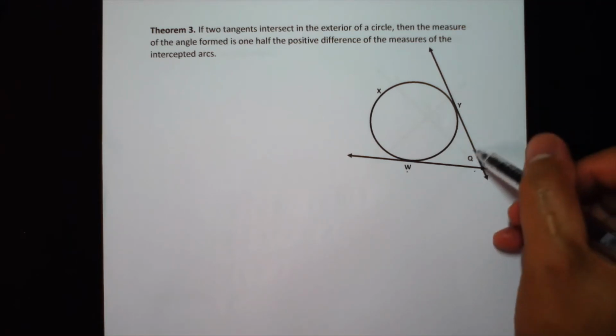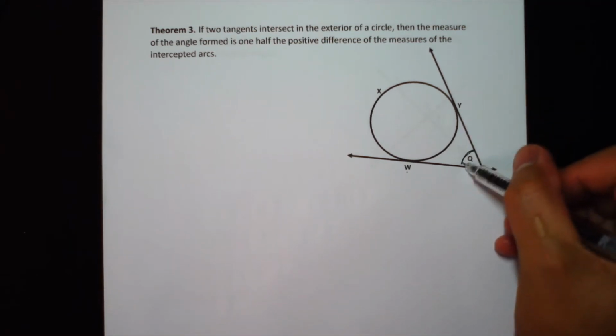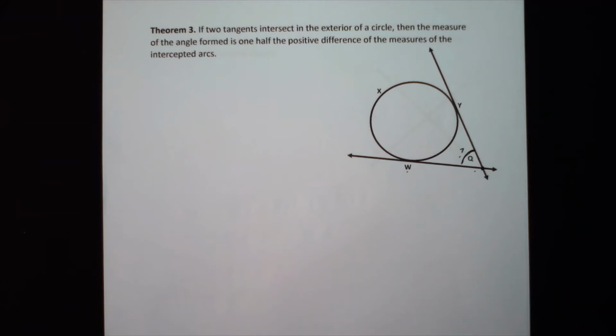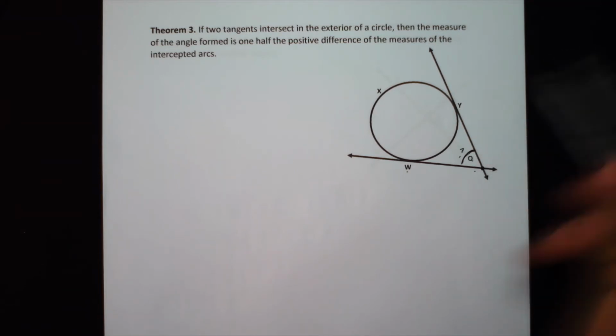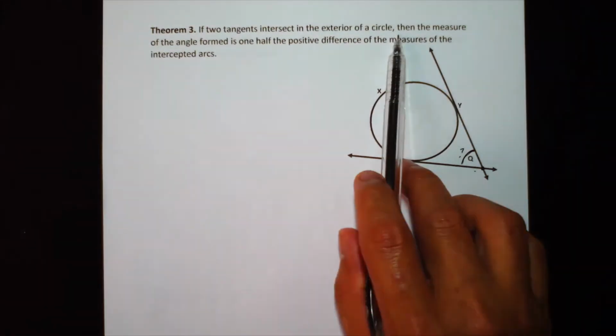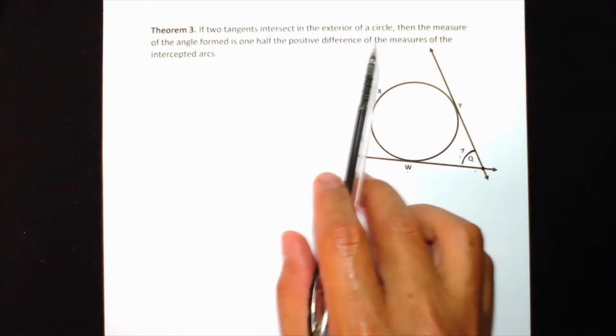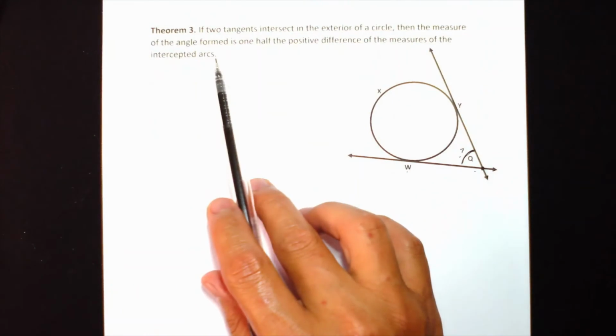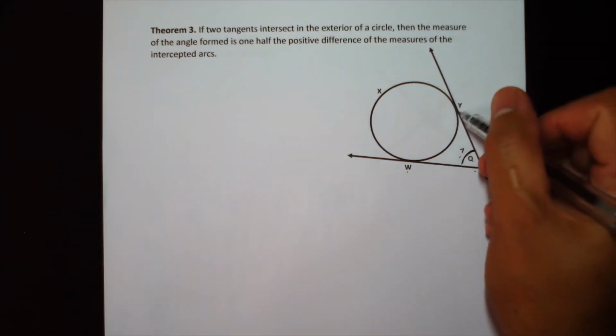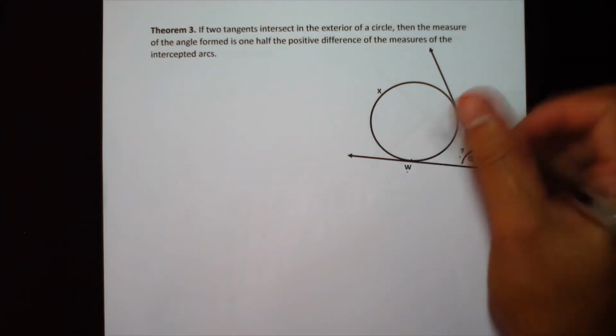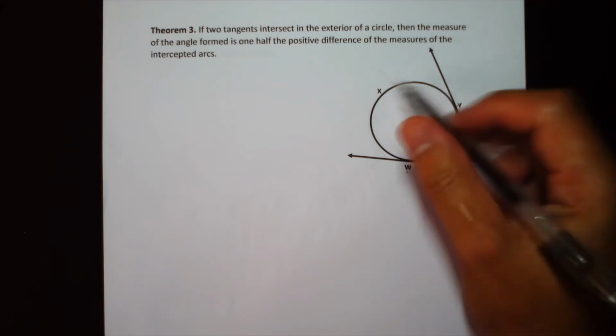Now what is the measurement of this angle? That is the question. Now how do we get that? Based on the theorem, the measure of the angle formed is 1/2 the positive difference of the measure of the intercepted arcs. The intercepted arcs here are YW and YXW.